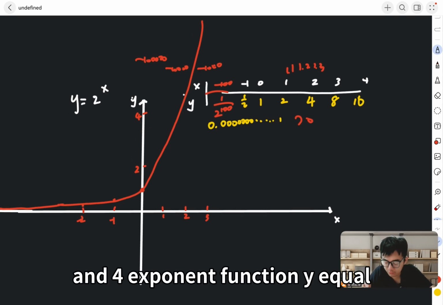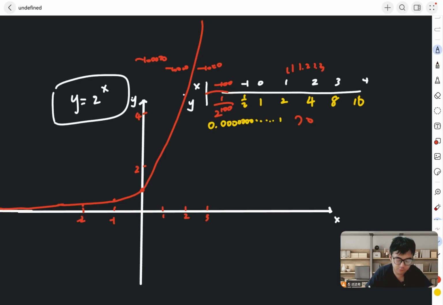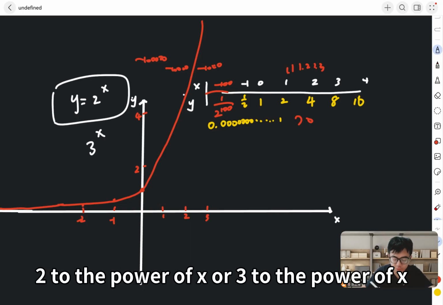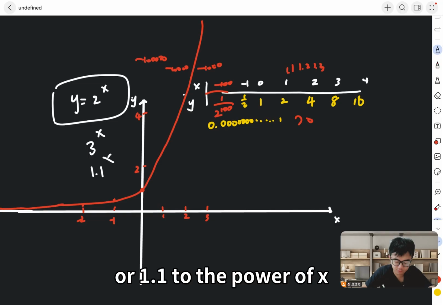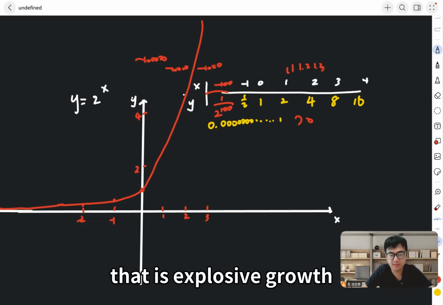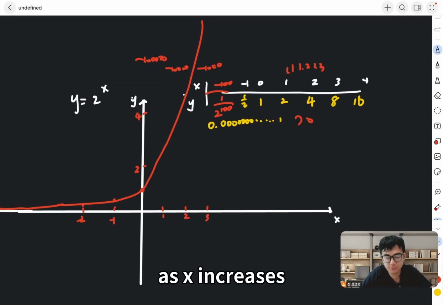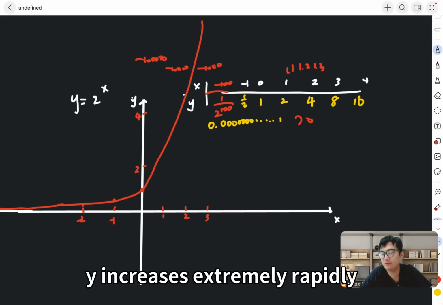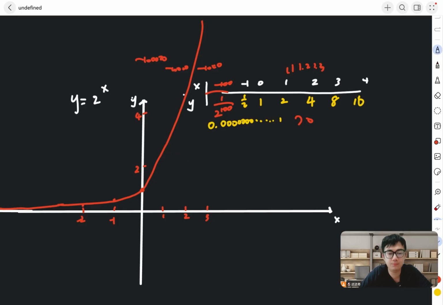And for exponential functions, y equals 2 to the power of x, or 3 to the power of x, or 1.1 to the power of x, they all share the same property, that is explosive growth. As x increases, y increases extremely rapidly.